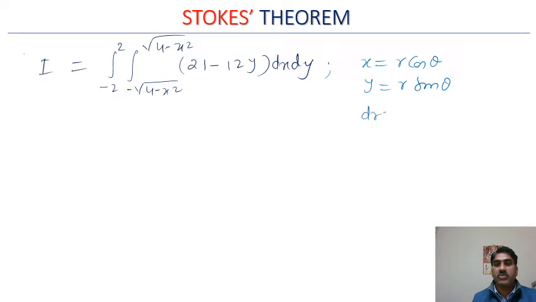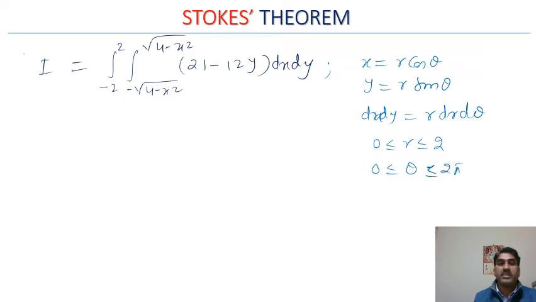You already know that dx dy become r dr d theta, and the radius varies from 0 to the radius of the circle, which is 2, so 0 to 2, and theta varies from 0 to 2 pi. So put these limits: 0 to 2 for r and 0 to 2 pi for theta.